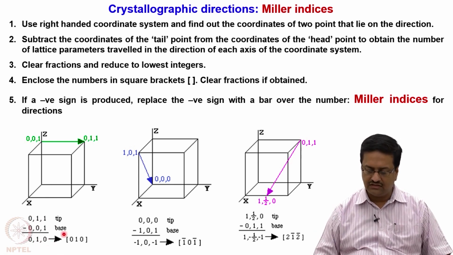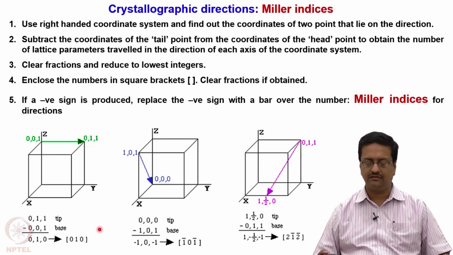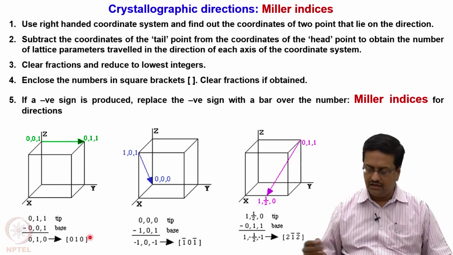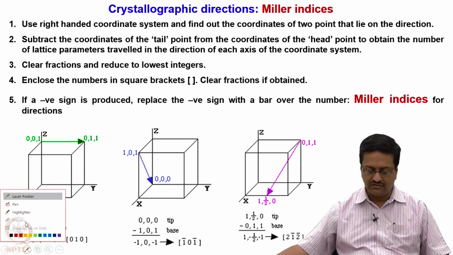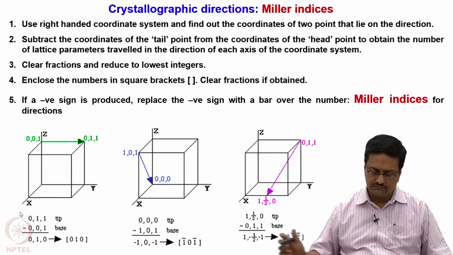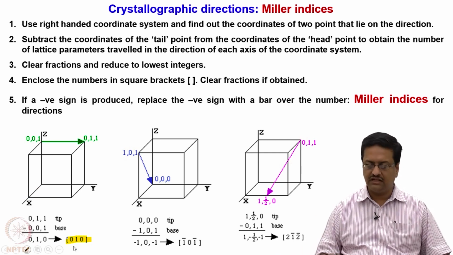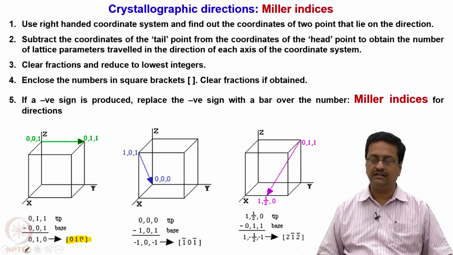So that 0, 1, 0 should be written in square brackets, and the particular direction indicated here in green is the 0, 1, 0 direction. So these are the Miller indices of that particular direction.